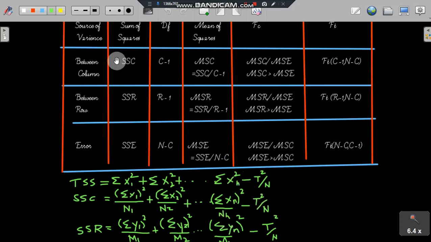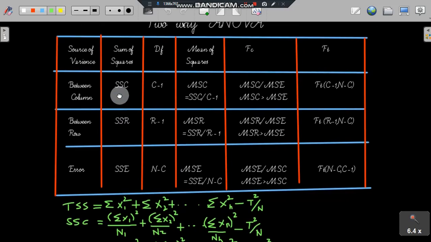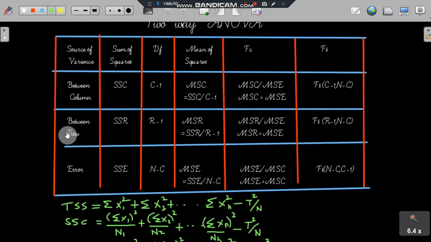That's the way we can calculate this. Then between the rows, we find the sum of squares row wise, and the last element in this column is the sum of squares error.